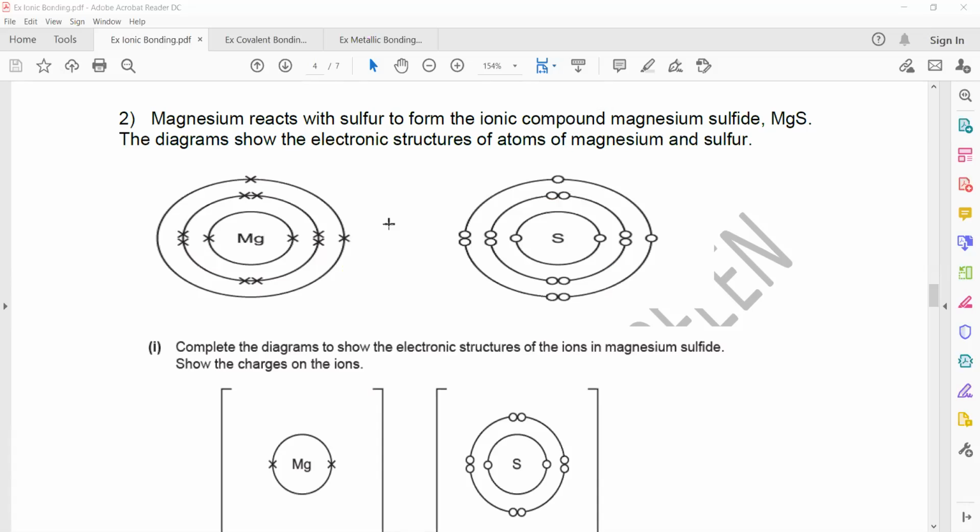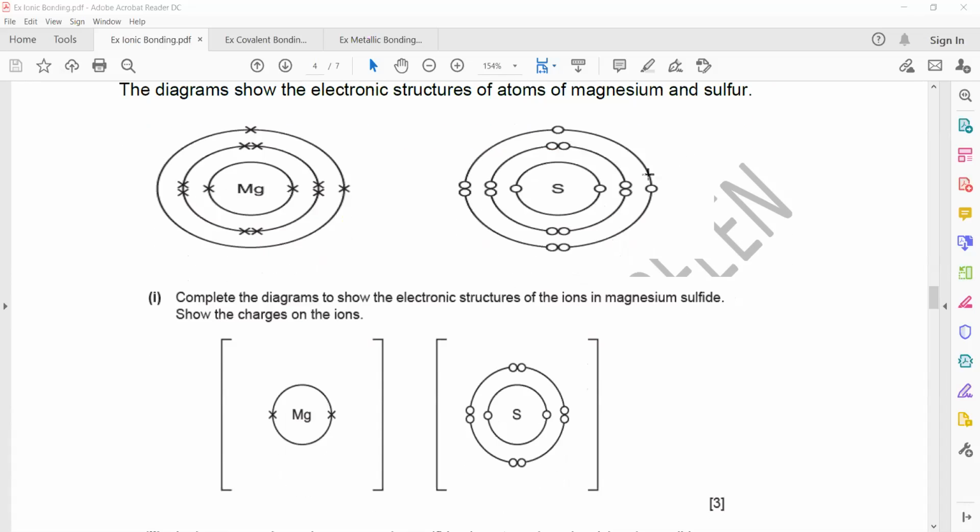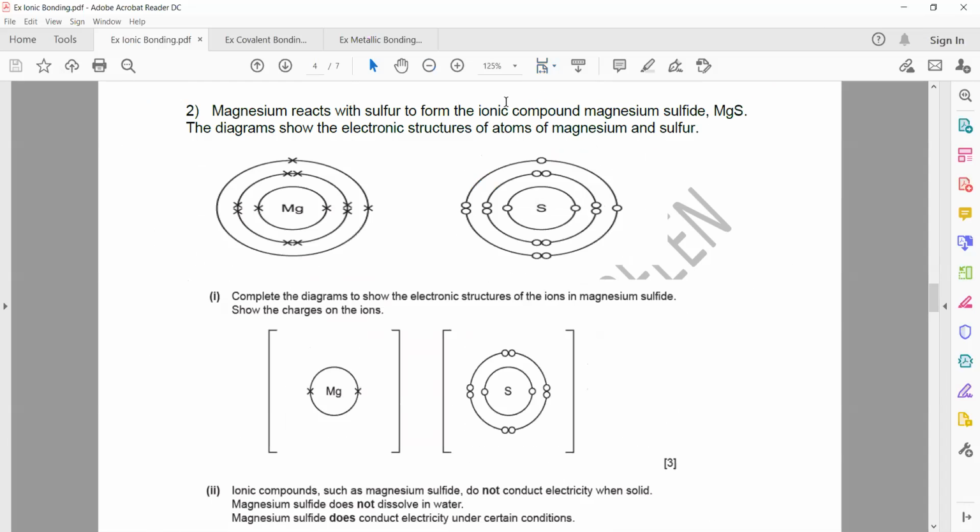Magnesium reacts with sulfur to form the ionic compound magnesium sulfide. The diagram shows the electronic structure of the atoms of magnesium and sulfur. Magnesium is a group 2 metal and tends to lose all its valence electrons, and the non-metal completes the octet, meaning 8 electrons in the outermost shell.